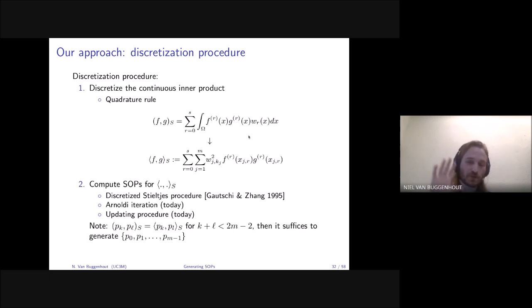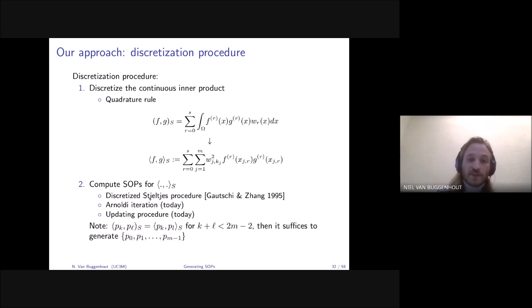But today we will focus on nicely behaved Sobolev inner products, nicely behaved in the sense that the supports will be the same for the different derivatives. And then the second step is we want to compute the Sobolev orthogonal polynomials not directly for the continuous inner product, but for this discretized Sobolev inner product. I'll mention already one algorithm that exists, introduced by Gautschi and Zhang in 1995.